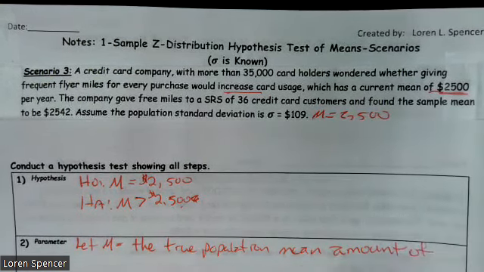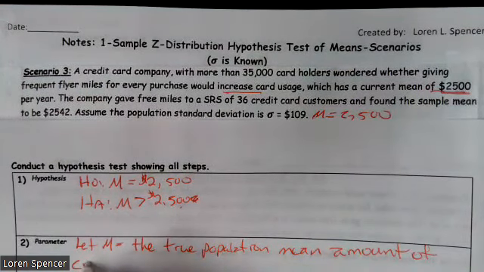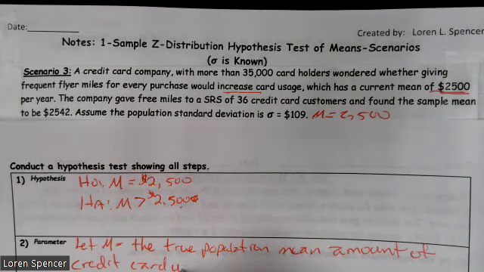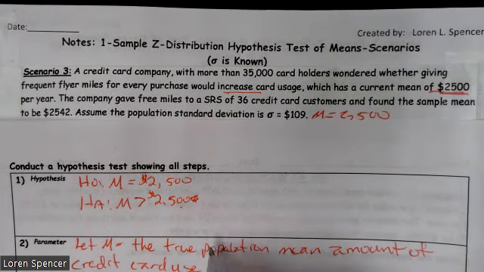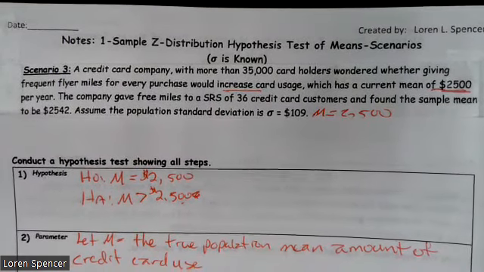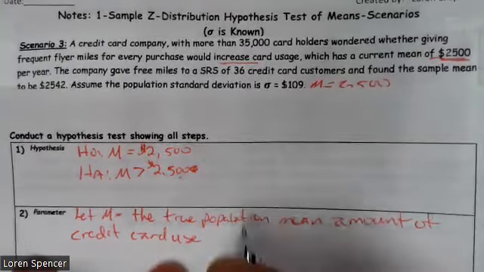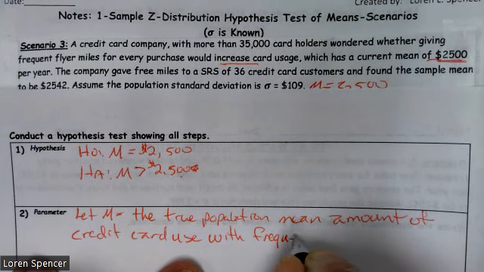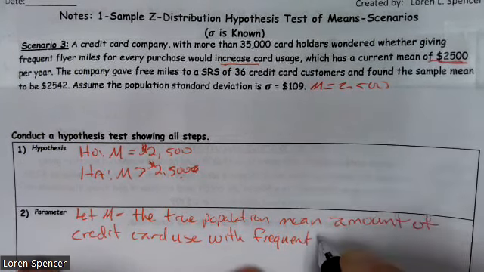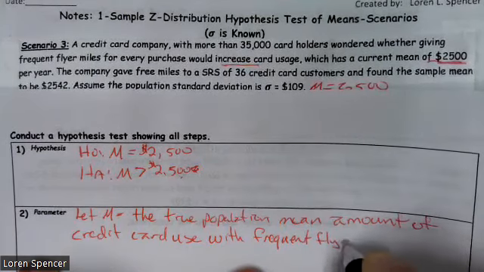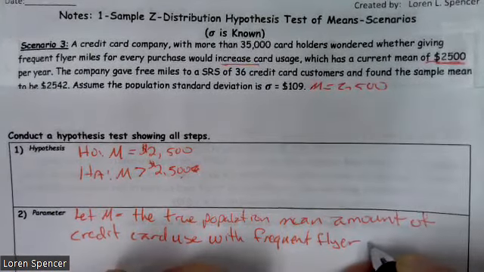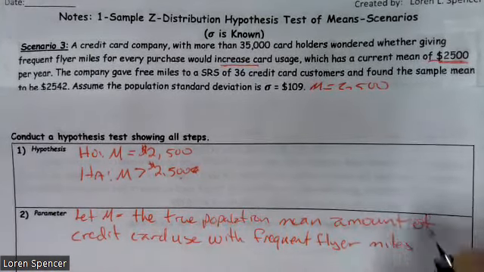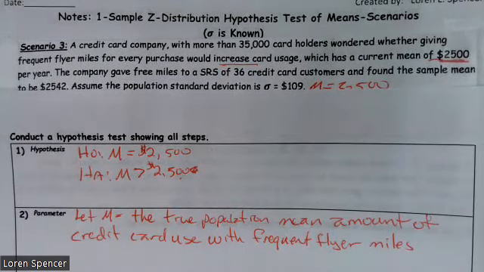We cared about credit card use with frequent flyer miles, because we want to know whether, after they gave out the frequent flyer miles, that helped. Okay, so that takes care of that.